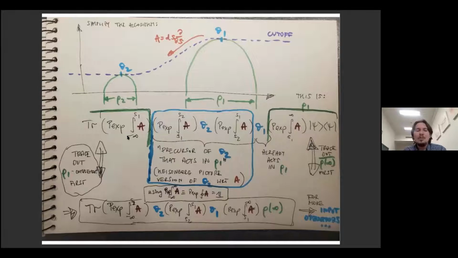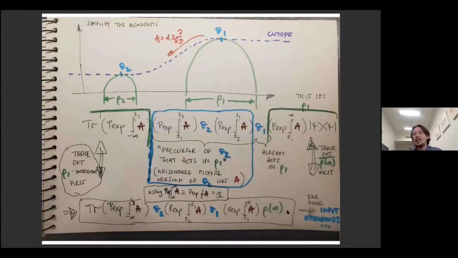So this was a long-winded and probably not a very clear explanation, so I apologize for that. But the punchline is that this expression simplifies to this much simpler expression which only involves Wilson lines of A, and it involves one starting density matrix for any one of these regions whose entanglement wedges are tangent to the cutoff surface.